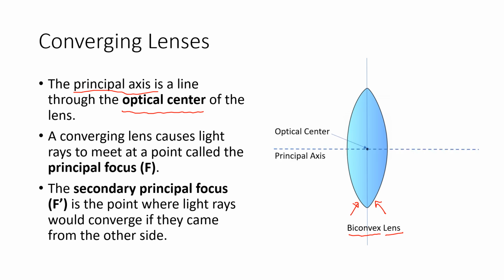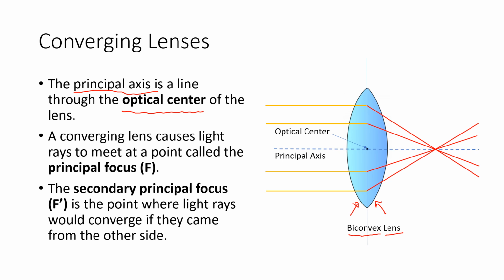So there we go. And then if we shine some light beams through one side, we'll find that they all will converge on the other side. And the place where they converge is going to be our focal point again, or focus. So we call that F.